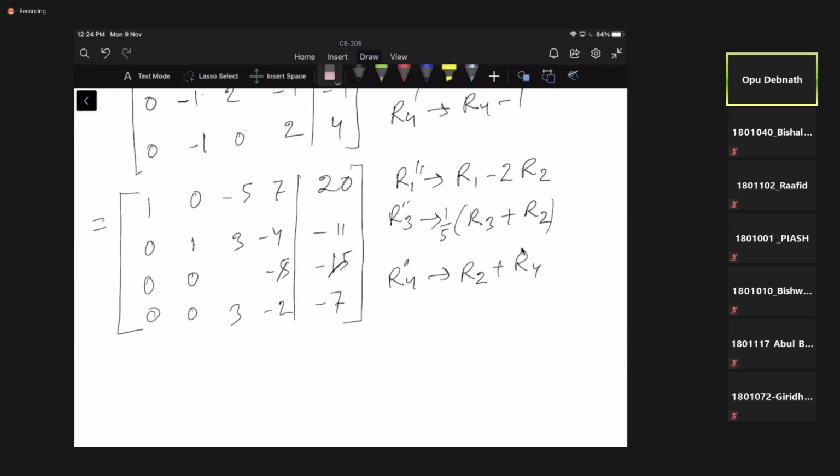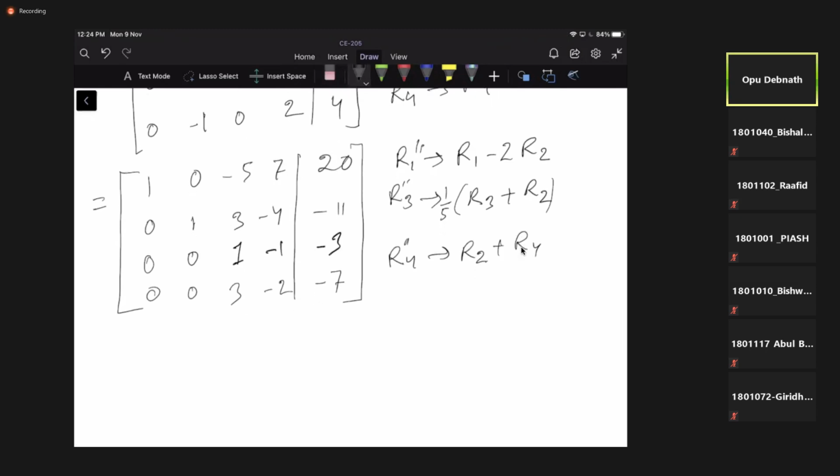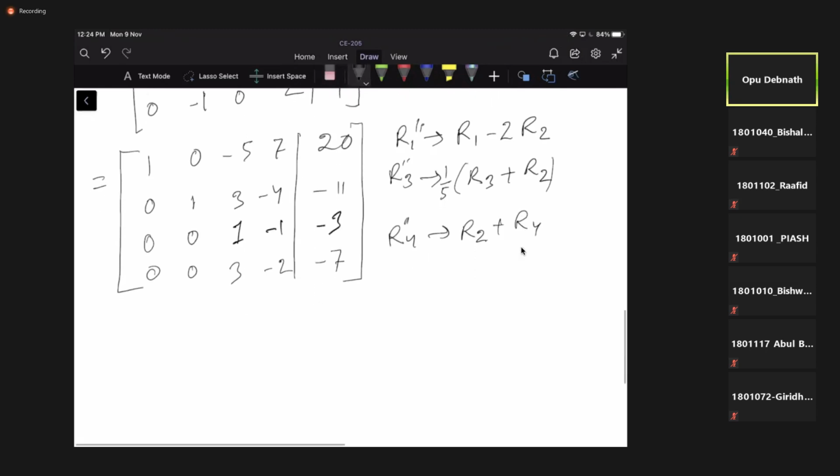That means 5 will now be 1, this will be minus 1, and thereafter this will be minus 3. So here I marked two steps in one step.